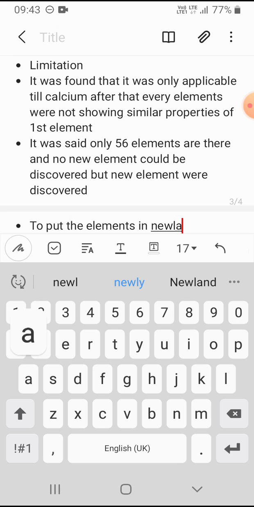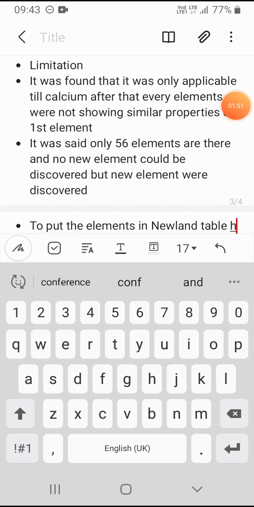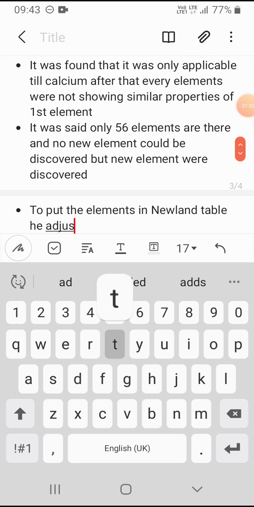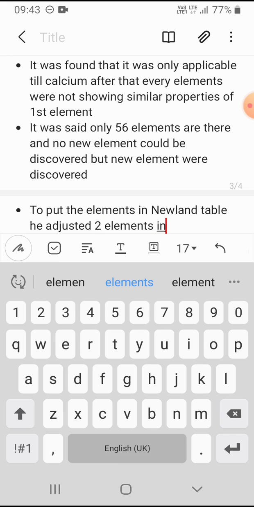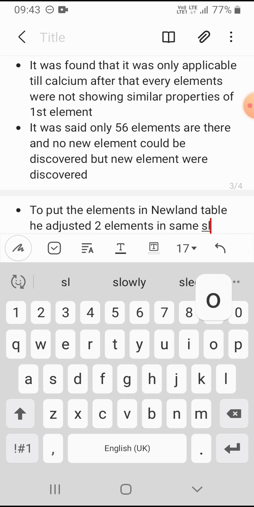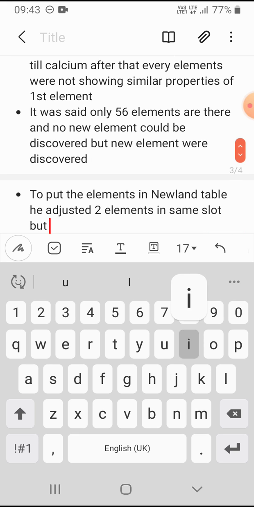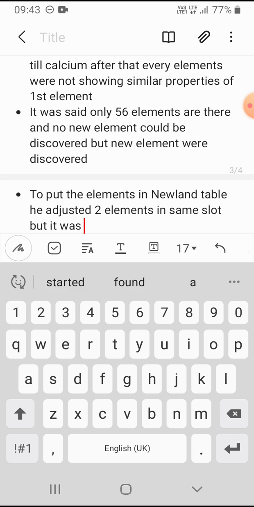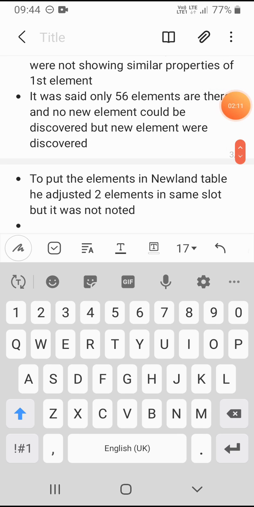He adjusted two elements in the same slot, but it was not correct.